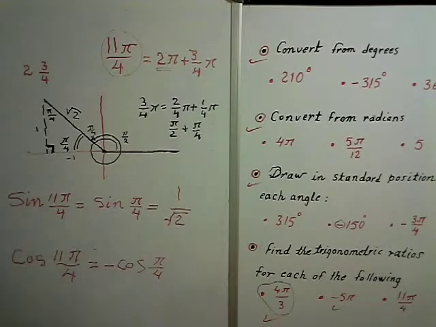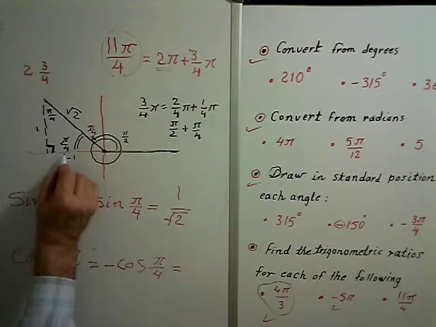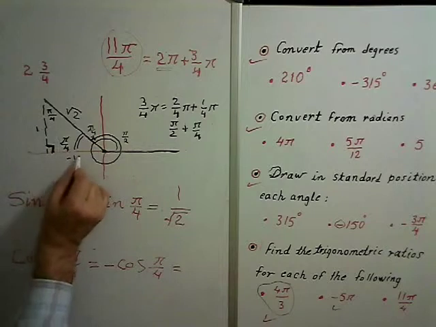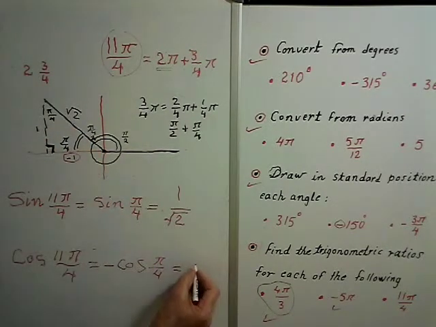So negative here is equal to adjacent over hypotenuse. Adjacent is negative, you see? Negative 1 over square root of 2.